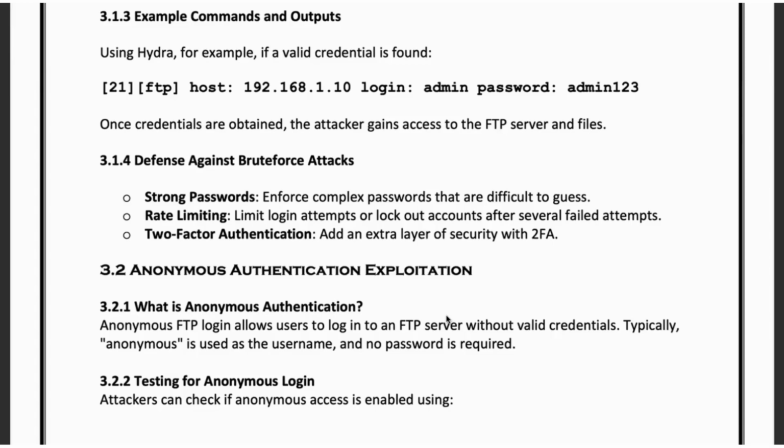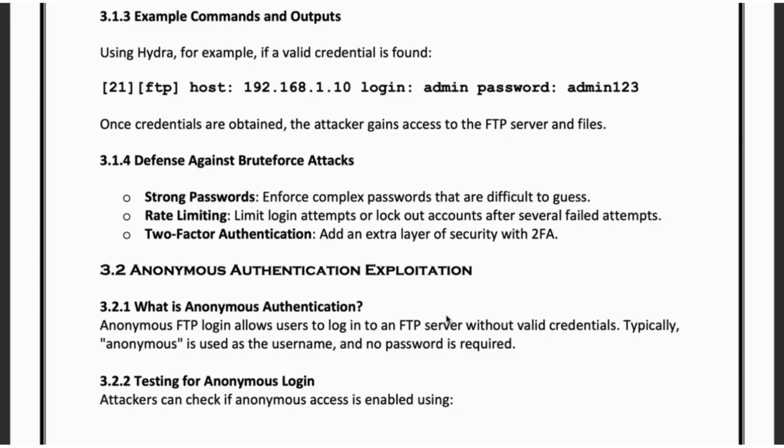attacks on the system. So if rate limiting is applied and an attacker tries to attack the network port, he will receive failed errors or some server errors. So basically rate limiting will protect you and lock out accounts after failed attempts, right?